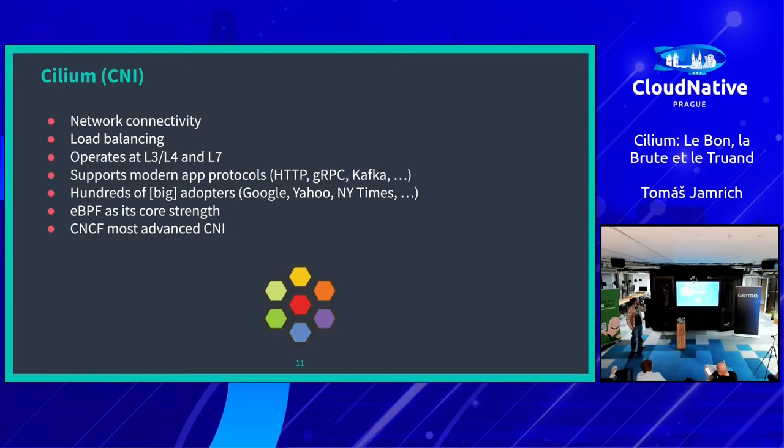So the CNI itself, Cilium, can provide you the network connectivity, it can do load balancing and all the stuff you basically expect from a networking plugin. It can operate on L3, L4, and on the application level. It already has hundreds of big adopters, being it Google, Yahoo, and New York Times and stuff like that, and using the eBPF as its core strength.